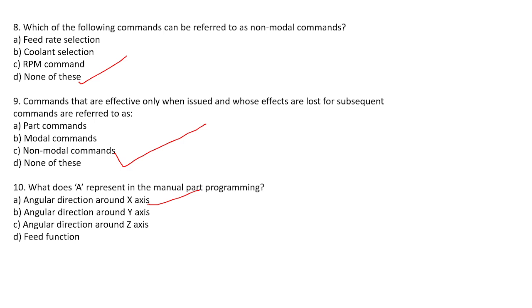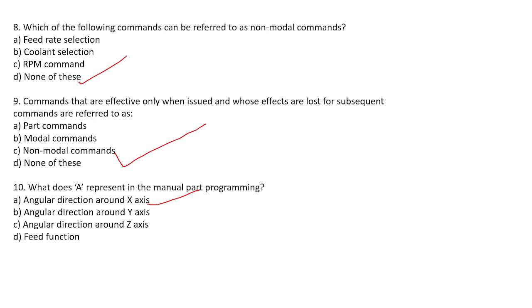Accordingly, for example, in this year's assignment, one question was given: what does G17 denote in part programming? If you answer that question, G codes are used to control the machine tool's movements and functions.